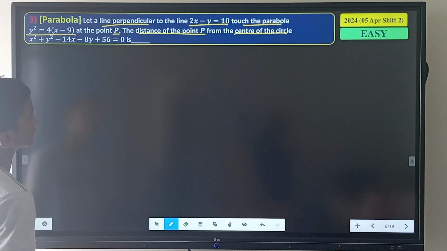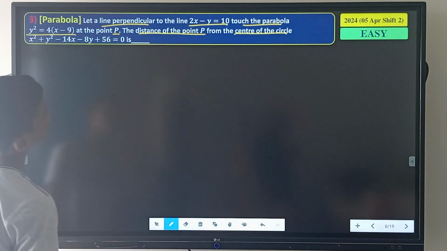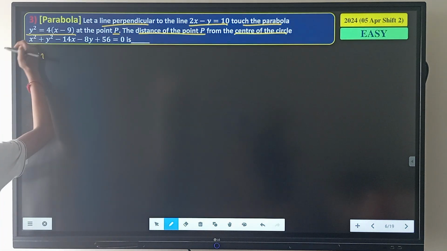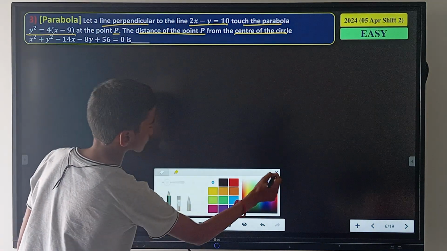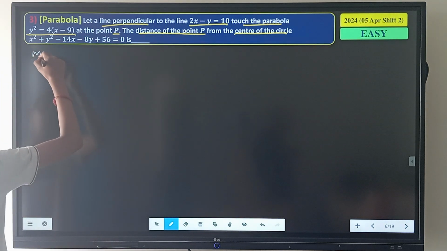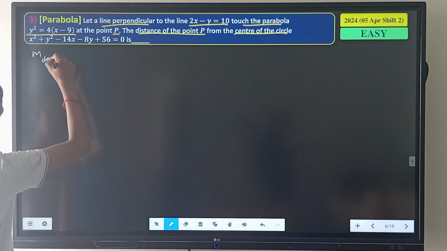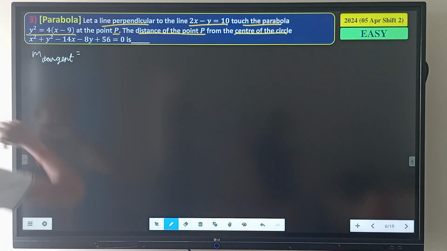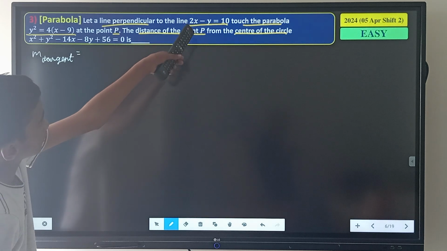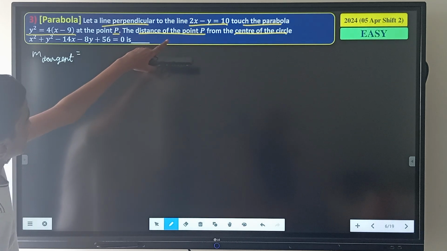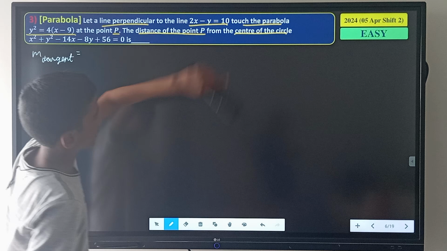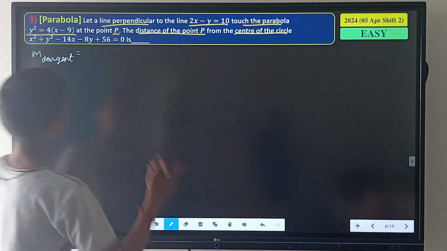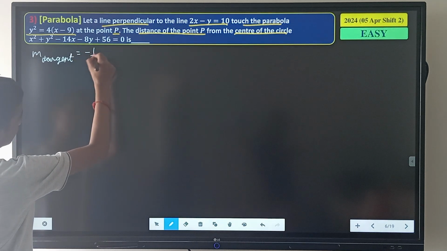So first we will write the slope of the tangent. Now the slope of this line is 2 and our tangent is perpendicular to this line. So our slope of tangent will be equal to minus 1 upon 2.